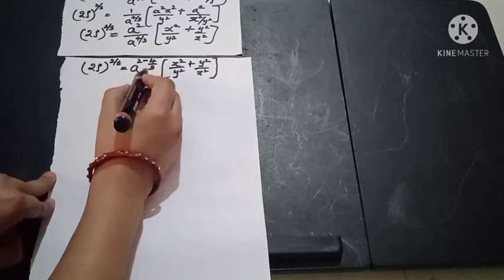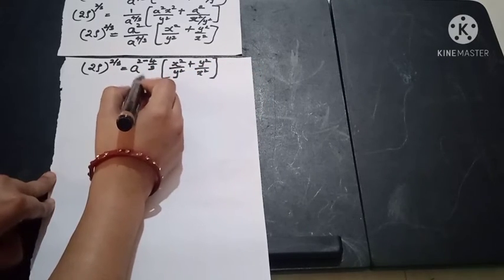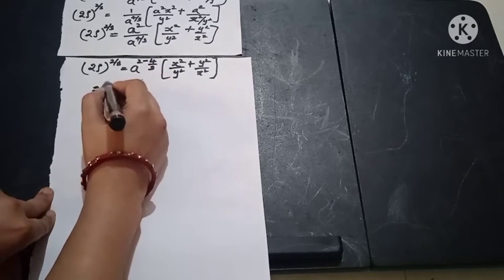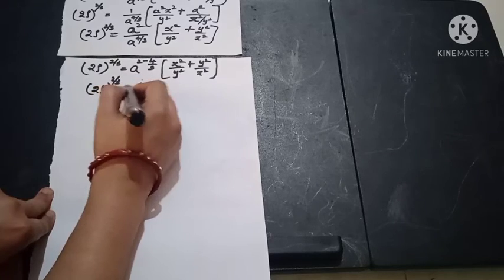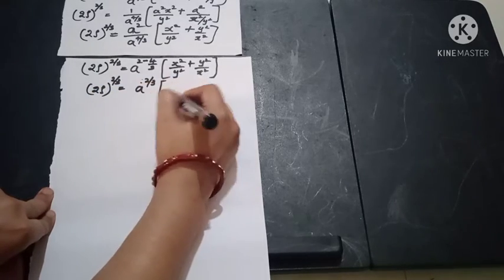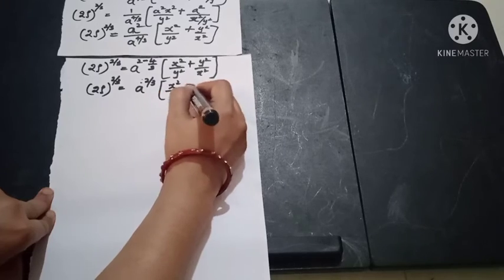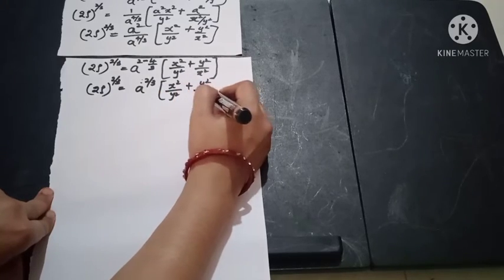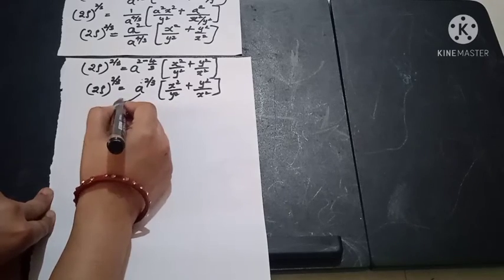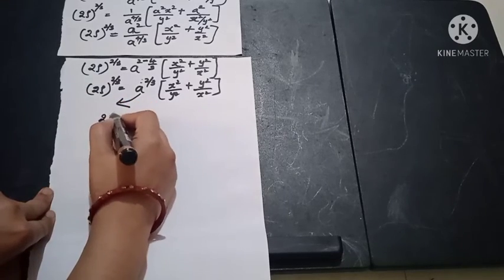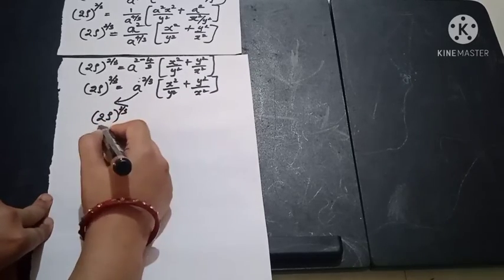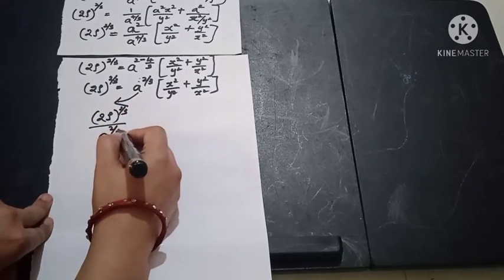So what is 2 minus 4 by 3? The LCM is 3, so 6 minus 4 is 2. So (2ρ)^(2/3) equals a^(2/3) into (x^2/y^2 + y^2/x^2). I will take this a^(2/3) to this side: (2ρ)^(2/3) divided by a^(2/3).